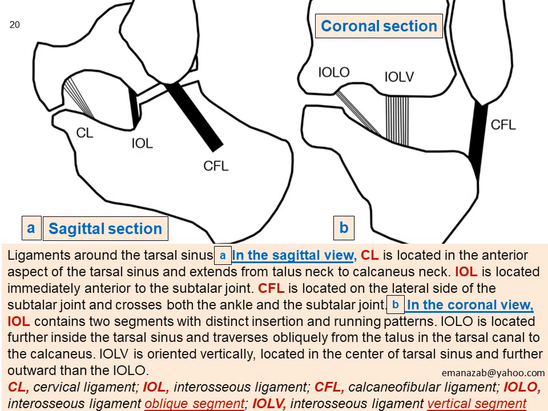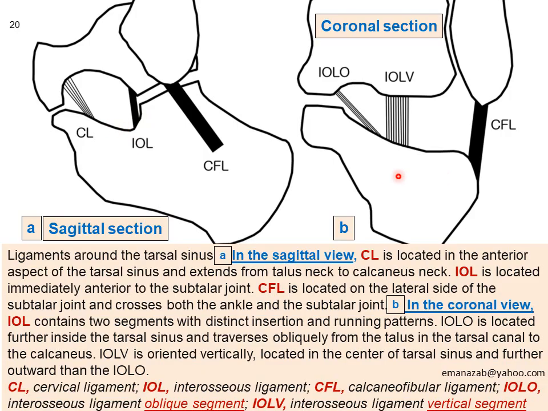A diagrammatic illustration of the subtalar region, sagittal section, lateral view. This is the fibula, and this is the calcaneus, calcaneofibular ligament. This is the tarsal sinus, interosseous ligament, cervical ligament, and as you see, the interosseous ligament is posterior to cervical ligament inside the tarsal sinus.